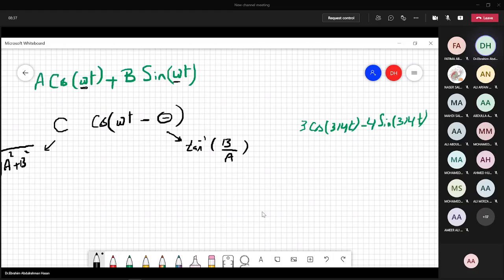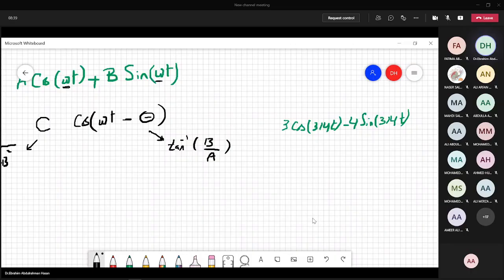Okay, for this one, it is equal to the root of 3 square plus 4 square, so it is equal to 5, cosine 314t, tan inverse of minus 4 divided by 3, which is equal to minus 53.